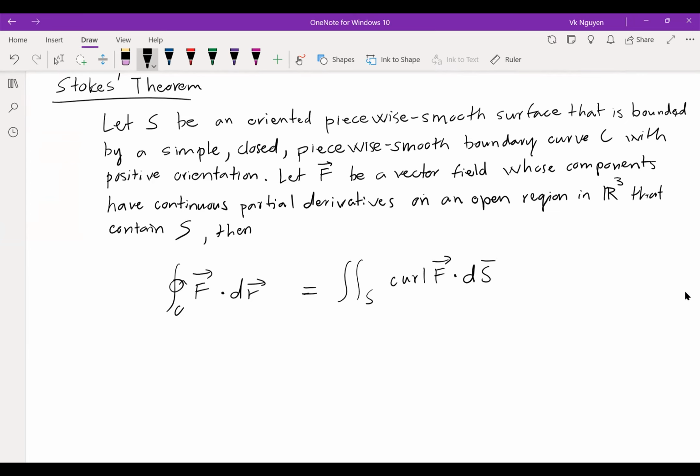Yeah, this is a very powerful theorem. What it says here is that circulation in R3 is the flux of the curl through the surface S.